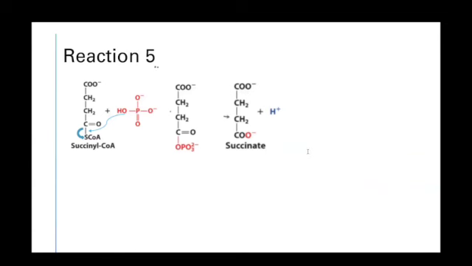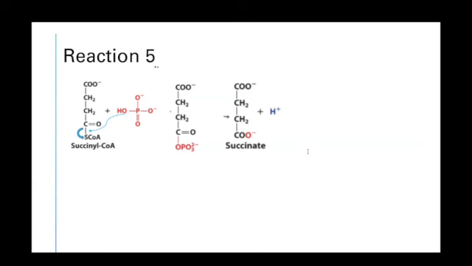Reaction 5 is succinyl-CoA synthetase, which catalyzes a substrate level phosphorylation. So our substrate gets phosphorylated, hence the name. The phosphate group displaces our coenzyme A in succinyl-CoA to produce succinyl phosphate, an intermediate.